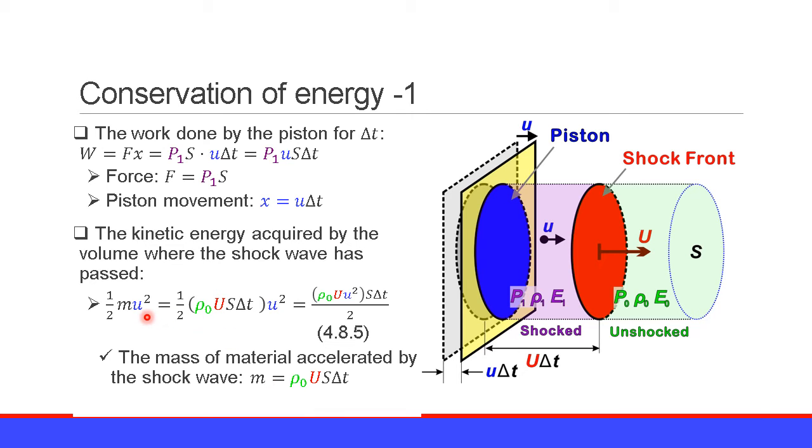So then 1 over 2 times m times u squared is equal to 1 over 2 times rho 0 times U times delta t times u squared, which is equal to rho 0 U u squared delta t over 2. Equation 4.8.5.